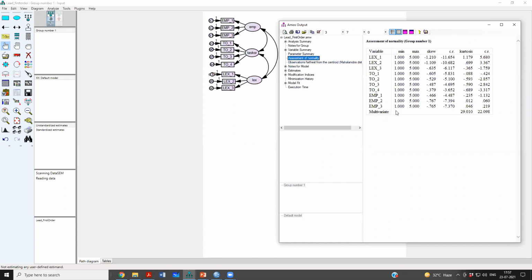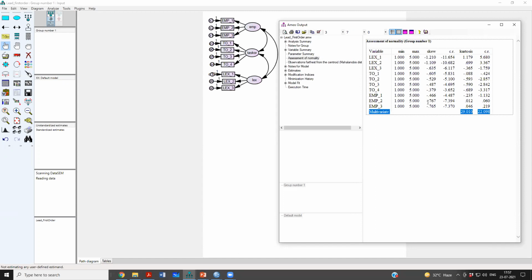Then assessment of normality, we were seeing this. The multivariate normality value is quite large and the critical ratio is also showing that there is multivariate non-normality, though the items' kurtosis and skew are not that much.